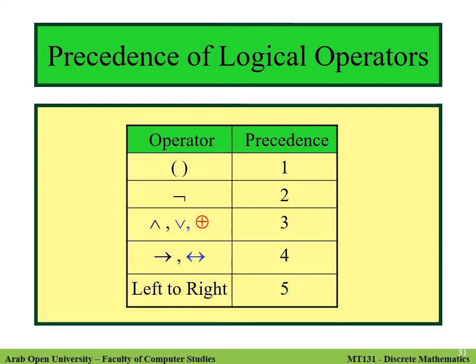It has top precedence. The negation is next. And then in third place, there are three operations which have the same priority: and, or, XOR. In the fourth level, implication and biconditional. If you have more than one operation that has the same priority, you should apply them from left to right.